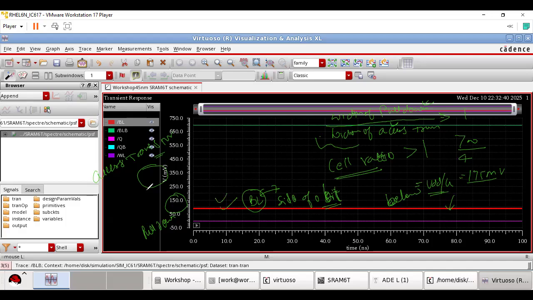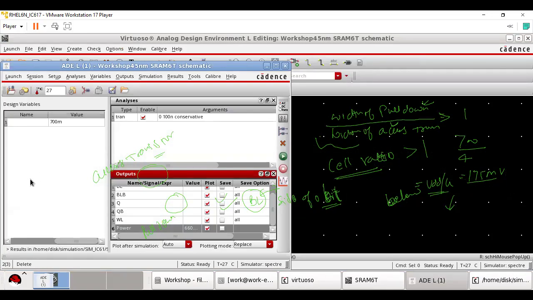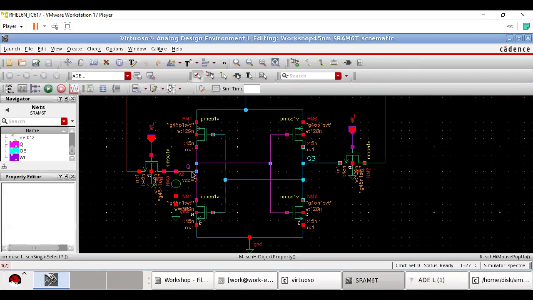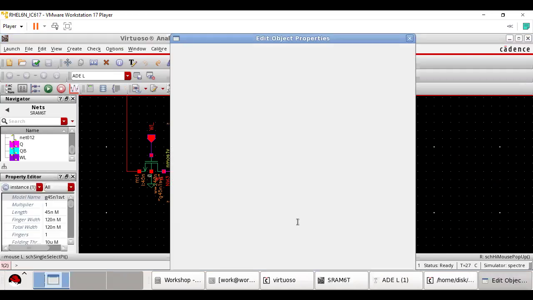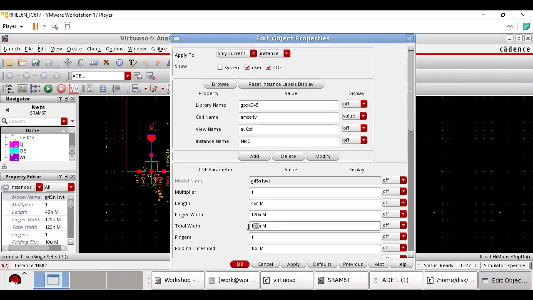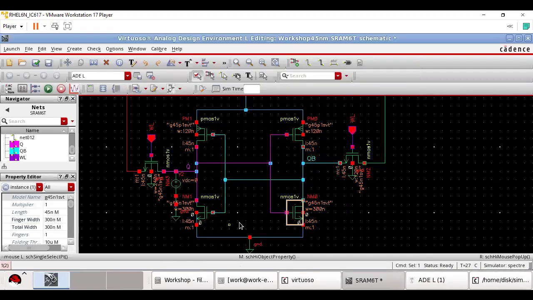And since 6T SRAM cell is symmetrical, it is more important that you understand this fact: there can be logic 0 here, and there can be a case when logic 0 will be here. So these two transistors should have similar values as compared to their corresponding transistors.